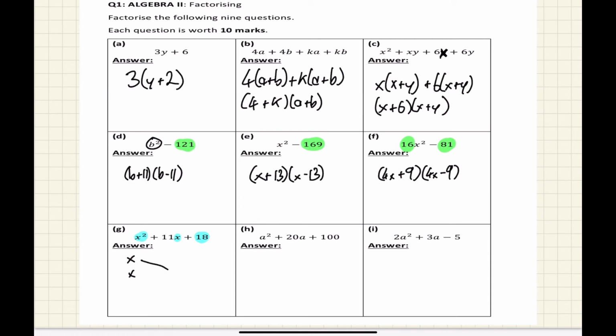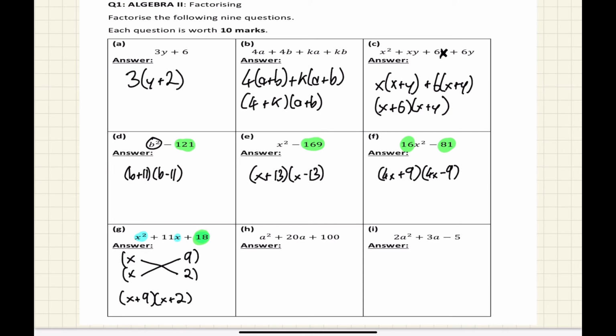Do the cross line like this. We have to think of factors of 18 that when we add together give me 11. That's going to be 9 and 2, because 9 plus 2 is equal to 11, and 9 multiplied by 2 gives me 18. So these get their own brackets: x plus 9, bracket x plus 2.